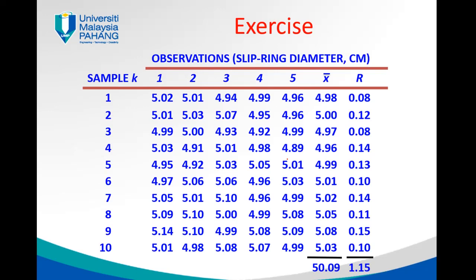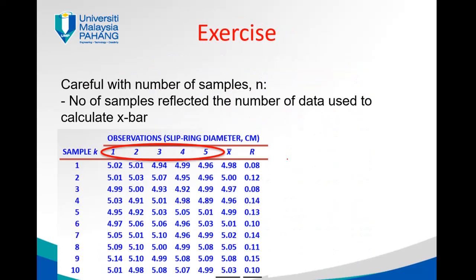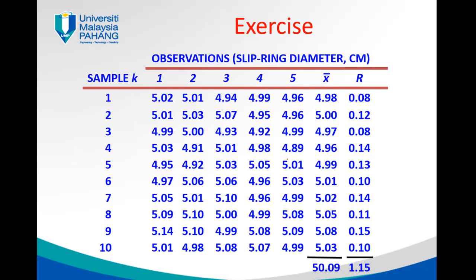Now for this example, the observation is slip ring diameter in cm. We now need to plot the x bar and R chart.